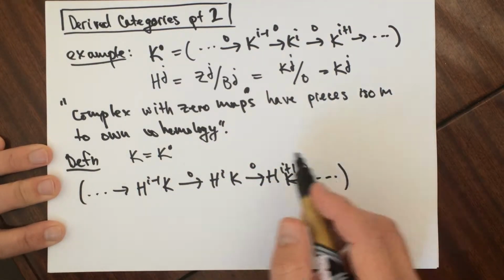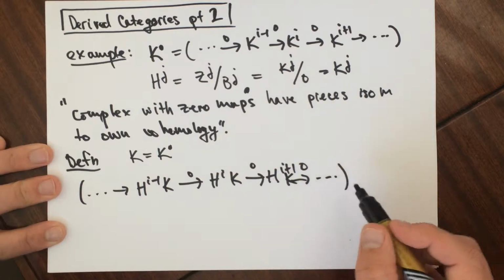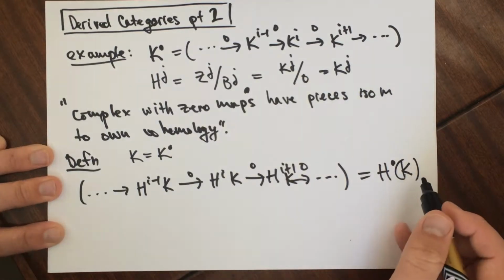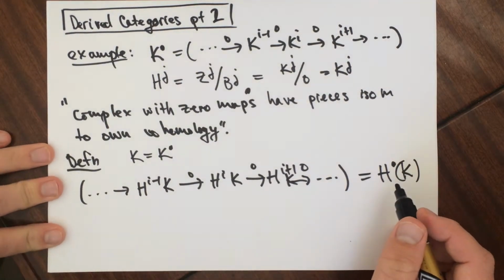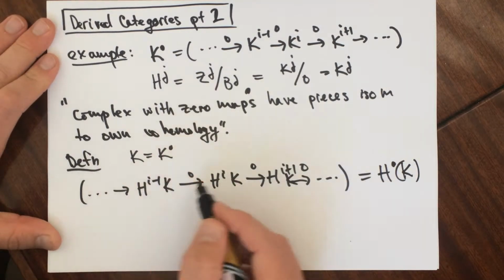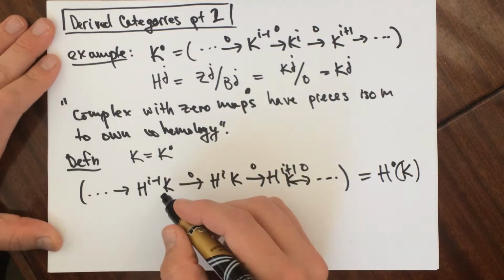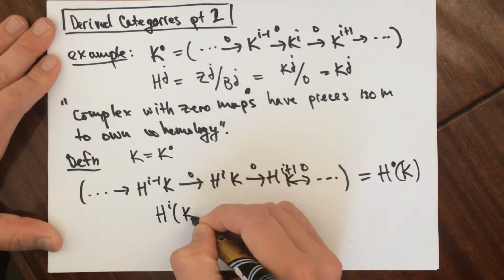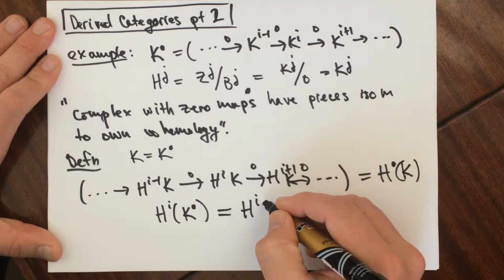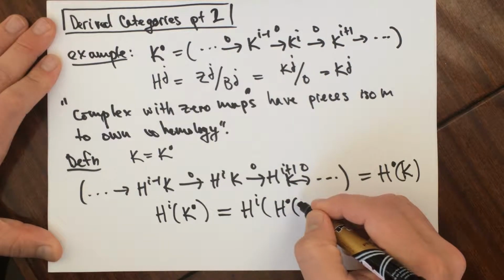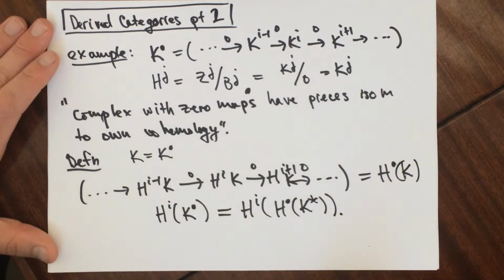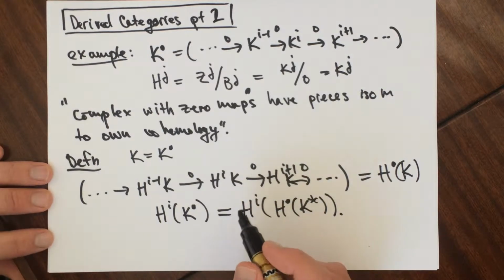So we have a complex where we have 0 maps everywhere, and this is what I'm going to mean by H bullet K. I'm going to take a cochain complex with 0 maps. When we have a complex, we can take cohomology, and the cohomology of the complex is clearly the cohomology of this trivial complex. So we have this complex like this, and we have this isomorphism.